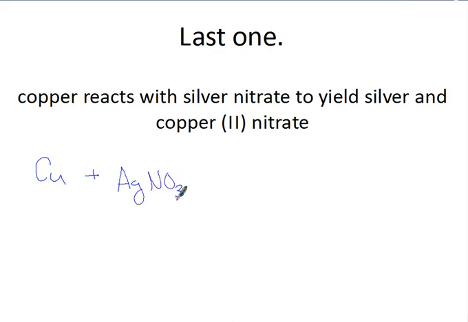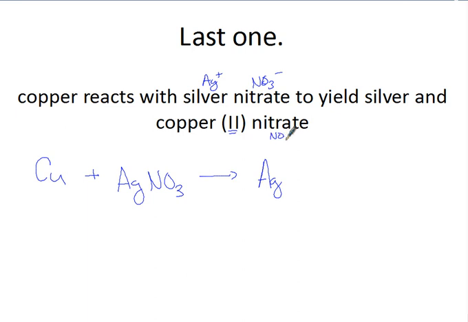Now remember, silver is Ag plus and nitrate is NO3 minus, so they're happy. And that yields silver, Ag, and copper 2 nitrate. This is important. Remember, we stressed those before.